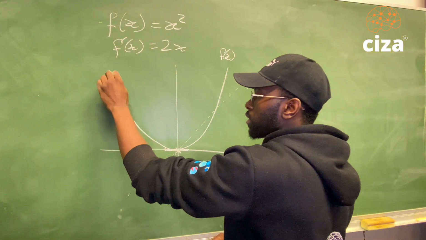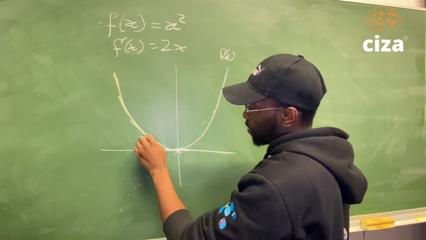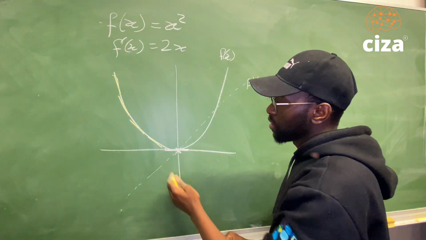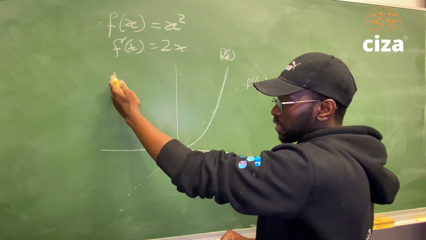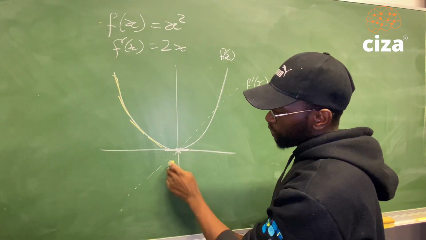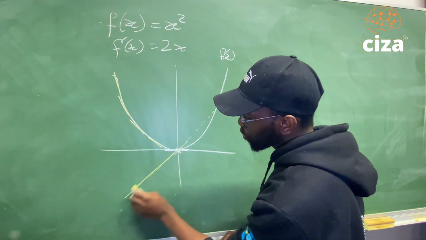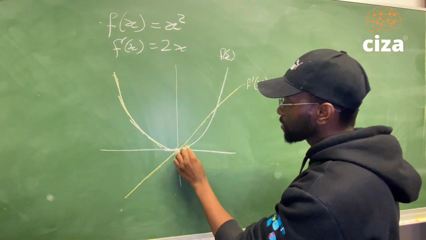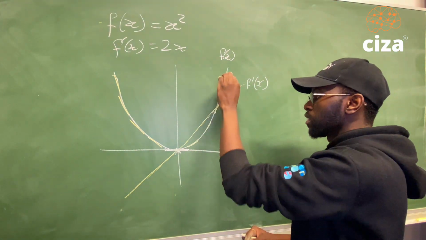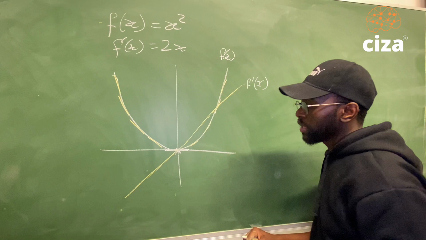And as the function itself is decreasing, our 2x is below the x-axis, and as it is increasing, it is above the x-axis.